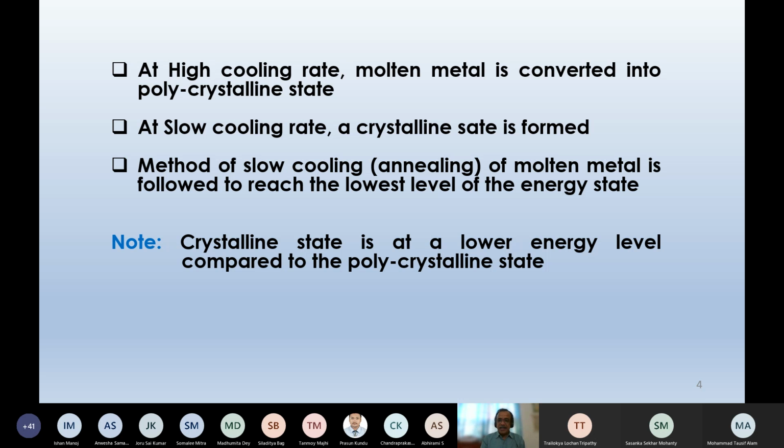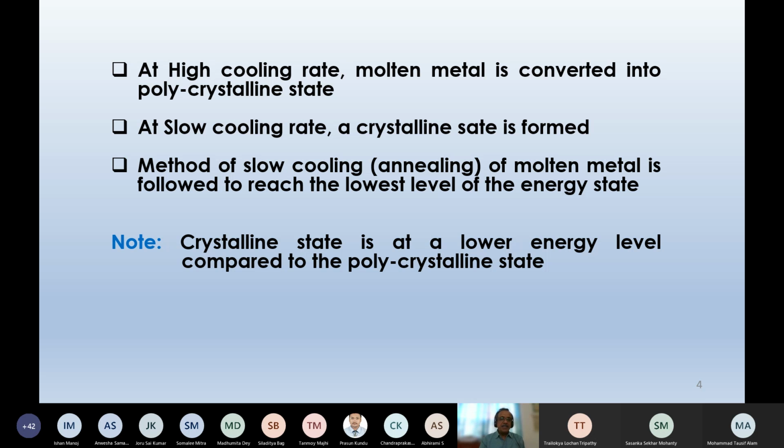So you may not get a single crystal. Instead, you'll be getting different types of crystals. So if I consider the high cooling rate, there is a possibility you'll be getting the polycrystalline state of that metal after solidification.